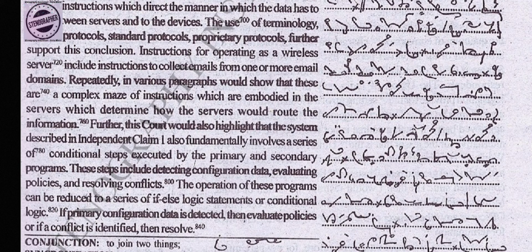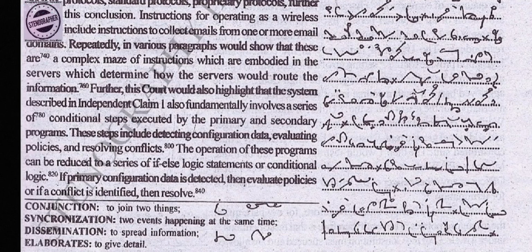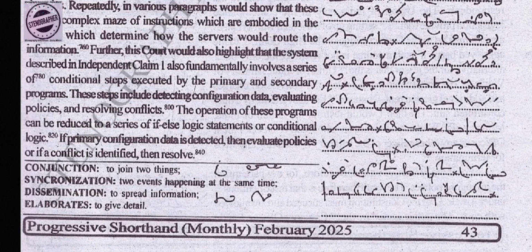Further, this would also highlight that the system described in Independent Claim 1 also fundamentally involves a series of conditional steps executed by the primary and secondary programs. These steps include detecting configuration data, evaluating policies, and resolving conflicts.